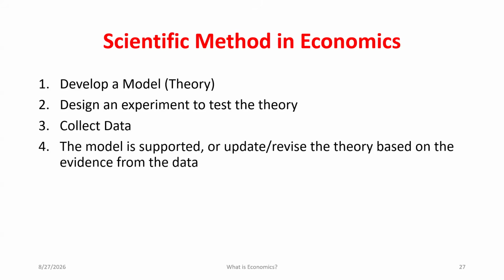So the data is like the positive statement. Our original theory was more like the normative statement, what should be happening. So we test these normative statements with positive statements, with data. This is just a generalized scientific method applied to economics. The experiment is done naturally, and then we somehow collect data on it.